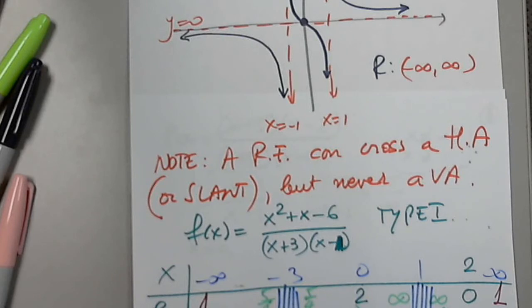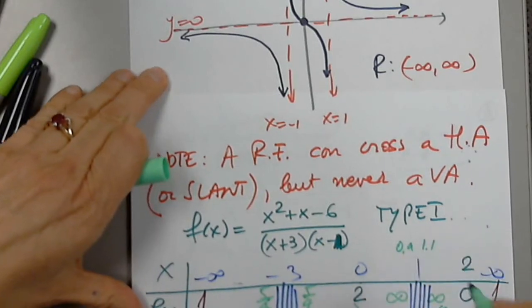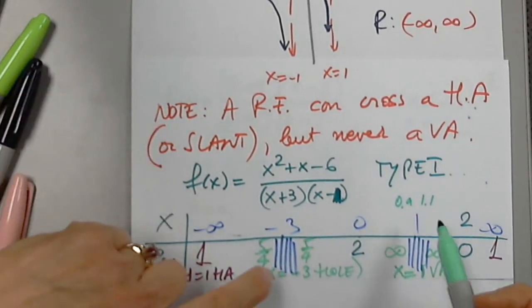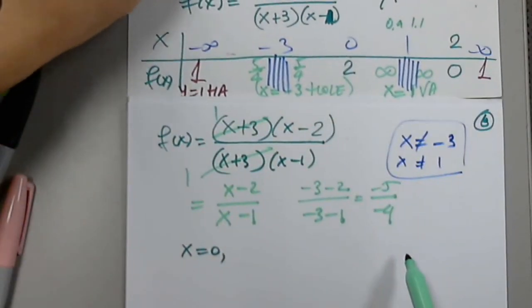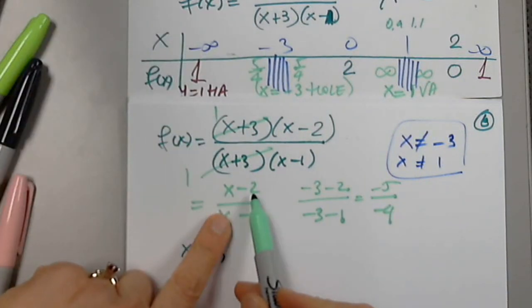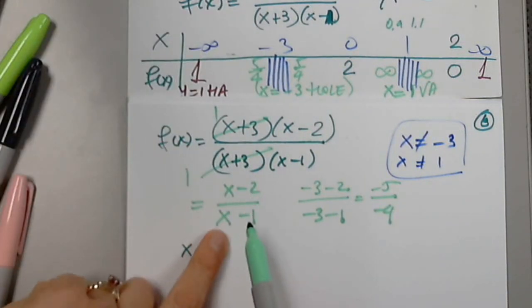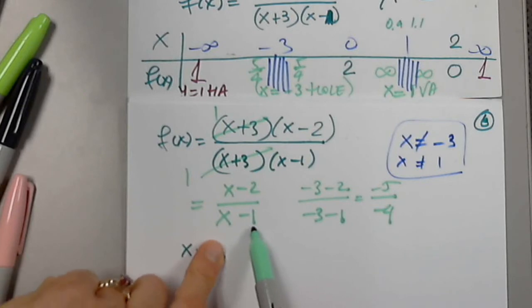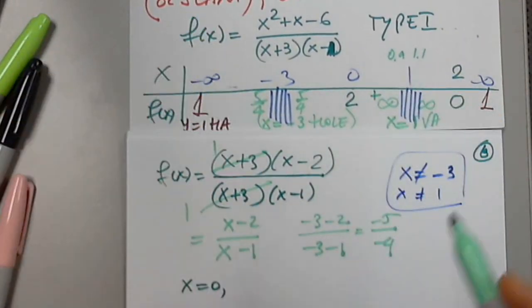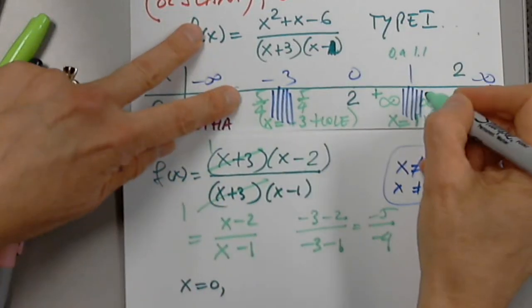On the other side, okay, 0.9, 1.1. With 0.9, 0.9 minus 2 is negative. 0.9 minus 1 is negative.